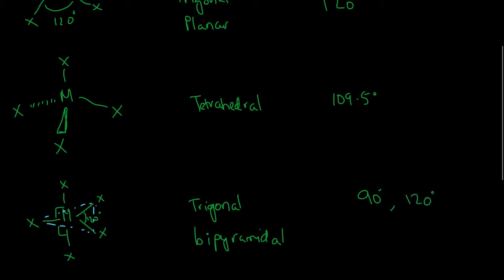So this is the trigonal part, and the reason it's called bipyramidal is because if you imagine the shape, you have this three-edged base, and then if you join these with the top one and the bottom one, you have two pyramids, one at the top and one at the bottom. That's why it's bipyramidal.